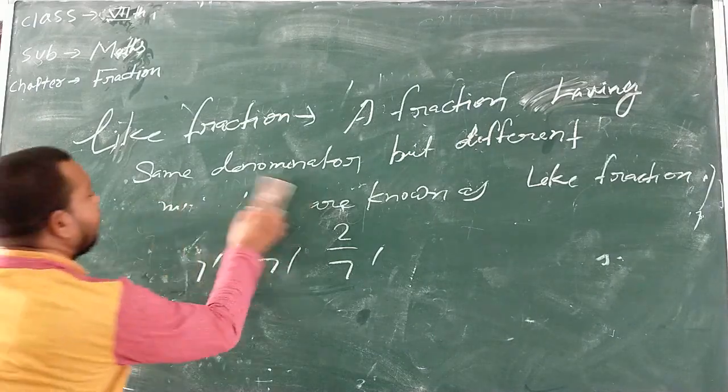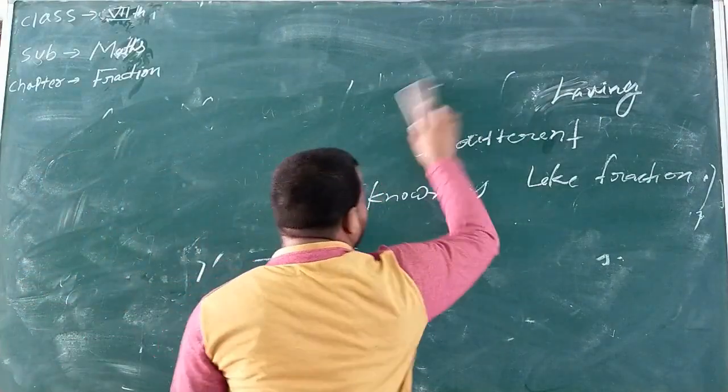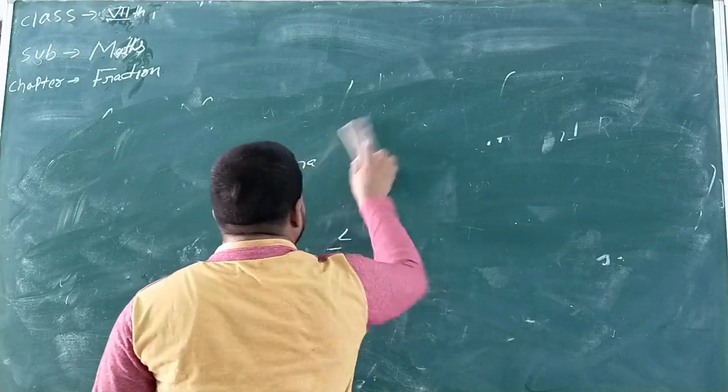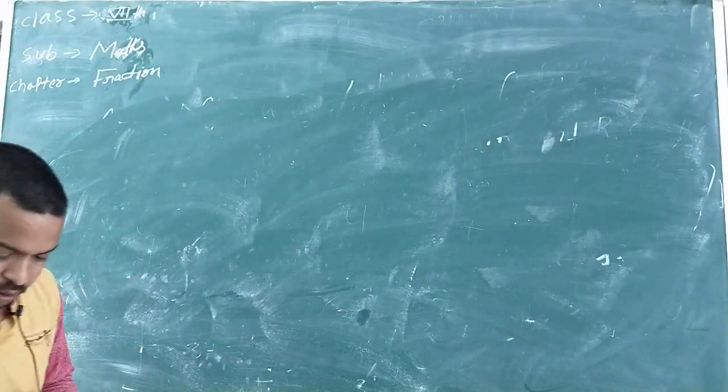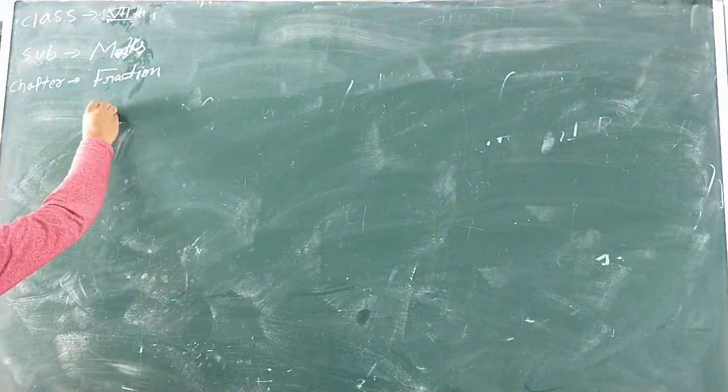Now the next type of fraction is unlike fraction. What is unlike fraction?